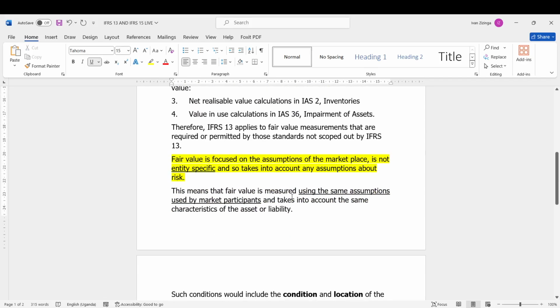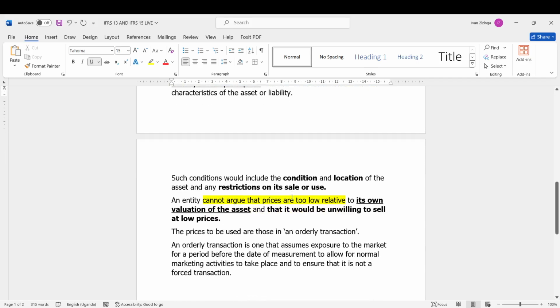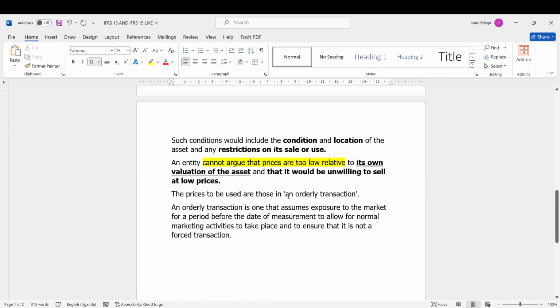So we only consider prices where there is no influence, because the standard defines an orderly transaction as one where there is exposure to the market for a period before the date of measurement to allow for normal marketing activities to take place and to ensure that it is not a forced transaction. In brief, we want to see a non-forced transaction.